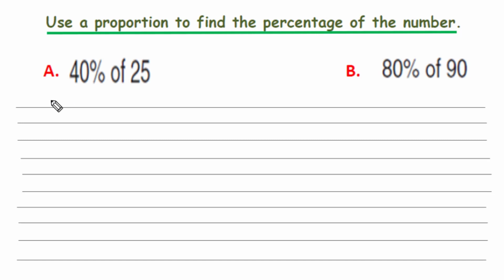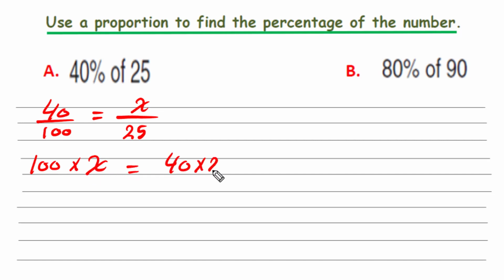First, we can write 40% as 40 over 100 is equal to x over 25. Now to find the value of x, we will use cross products. So we get 100 times x is equal to 40 times 25.